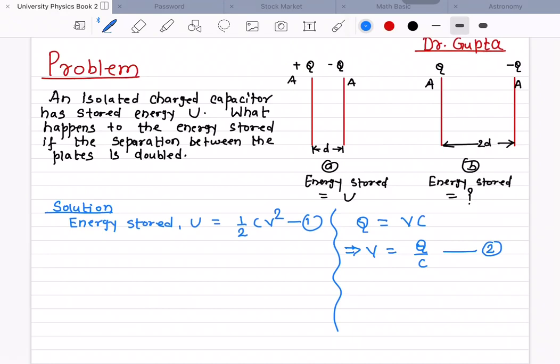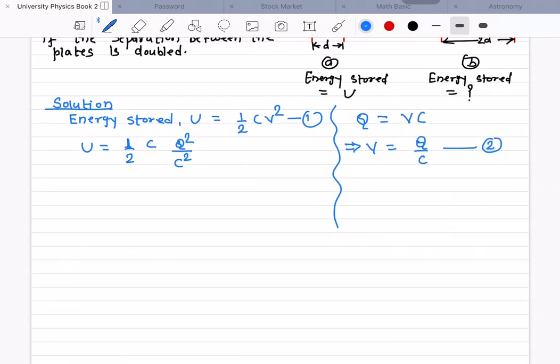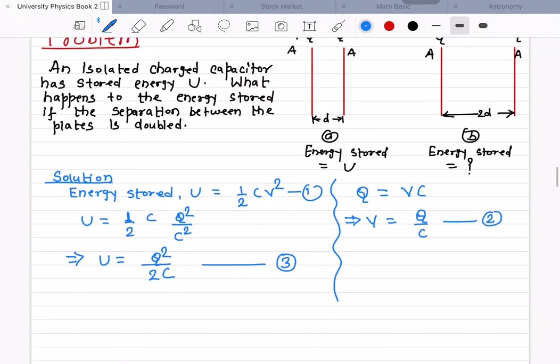Okay, and we're going to plug 2 into 1. Let's do that. So what will happen is half C, and V squared is now Q squared over C squared, and if you simplify, then U is equal to Q squared over 2C. Let's call this equation 3. And this is a parallel plate capacitor.